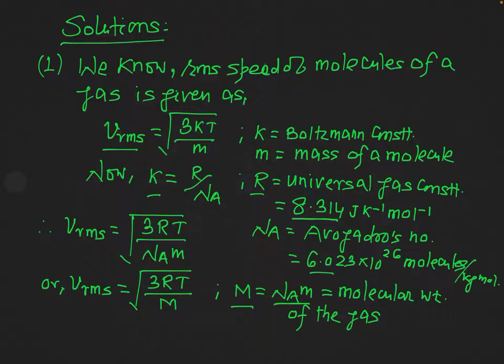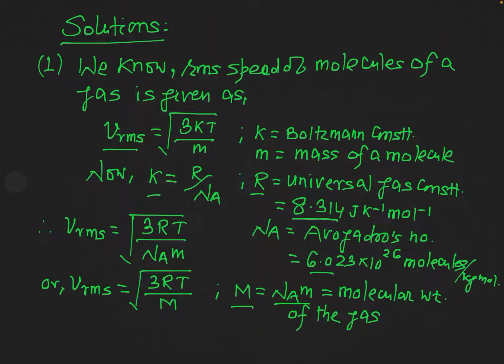Now according to our problem, the RMS speed of the oxygen molecule is the same as the RMS speed of the helium molecule, or helium atom you can say, because helium is monatomic. So there is no difference between a molecule and an atom of helium gas.